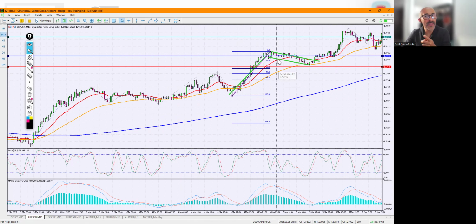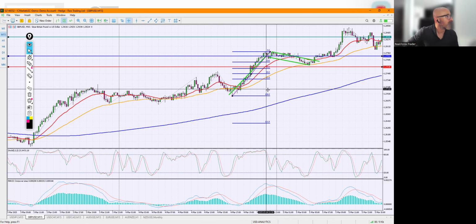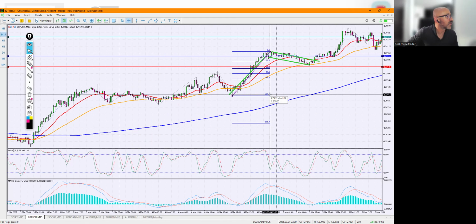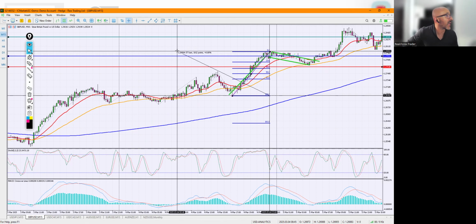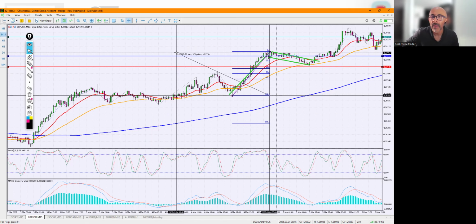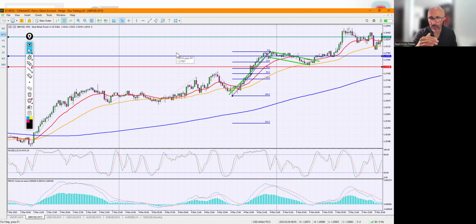There is another way to calculate the take profit, and it's very aggressive, and it's by measuring the flagpole. The flagpole here goes from this lower low to this higher high, and that's around 100 pips. According to the Dow theory, right?